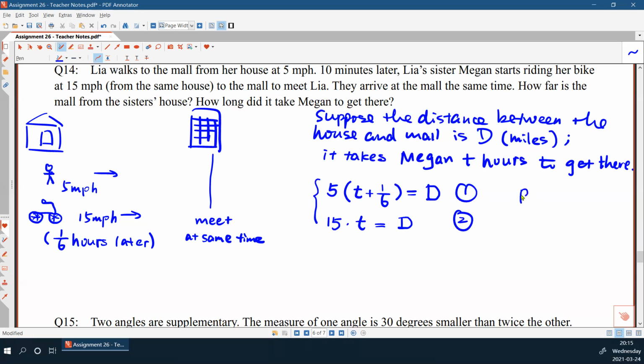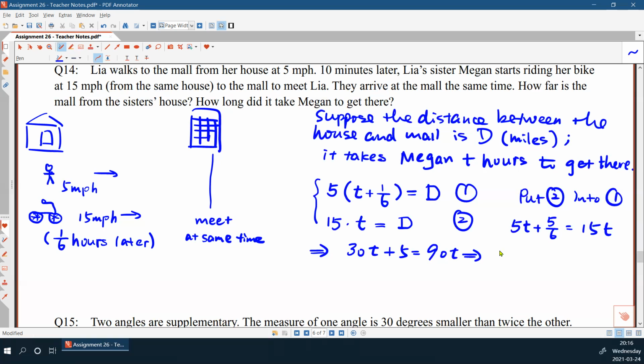Okay, so let's put number 2 into number 1. Then we will get 5t plus 5/6 equals 15t, right? Okay, then we times 6 to both sides, which is 30t plus 5 equals 90t.